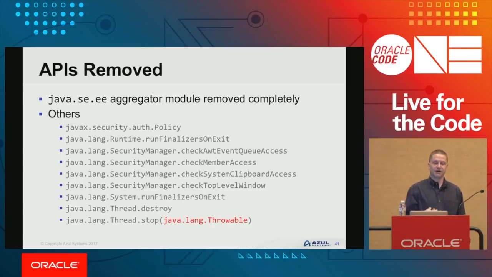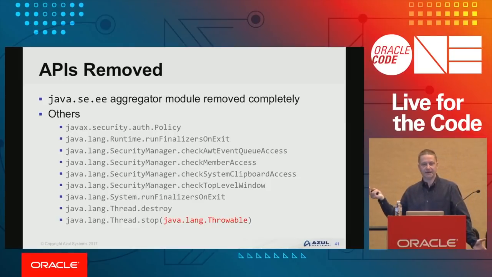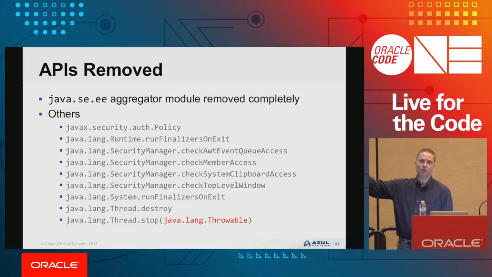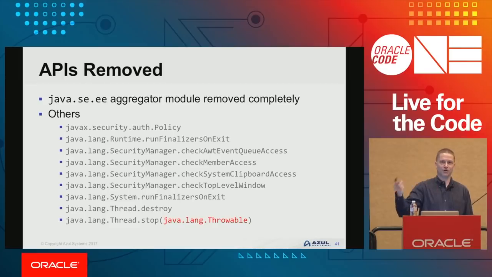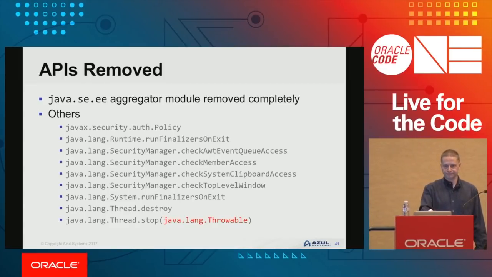A couple of things around the security manager have been removed. runFinalizersOnExit again from the System class. Thread.destroy and Thread.stop, but only the one which takes a Throwable as an argument. There's a no-arg version of this which is still there. So Thread.stop, but only with Throwable.